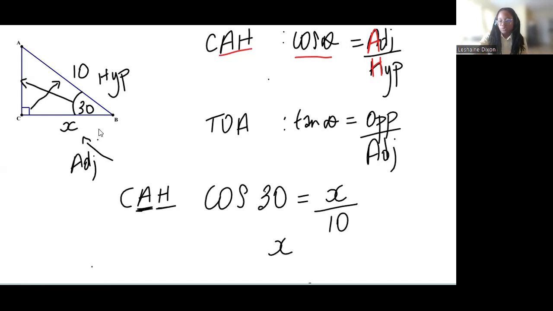So x would have been equal to 10 times cosine of 30. And I'll just punch this all in on my calculator. When you're doing these questions, your calculator must be in degrees. So I have 10 times the cosine of 30. My answer for x is 8.66. All right.